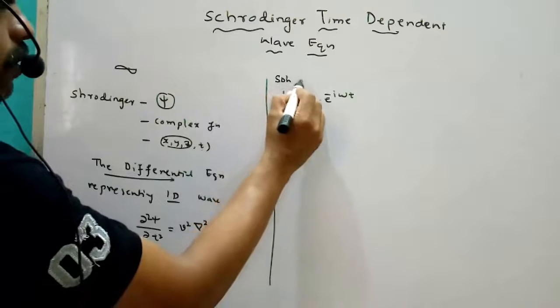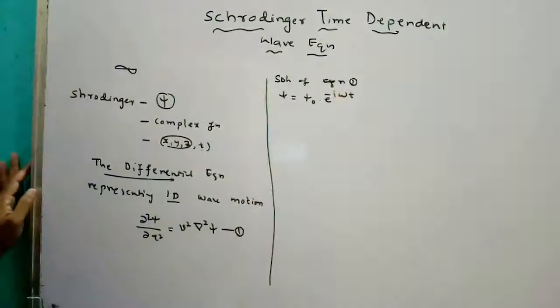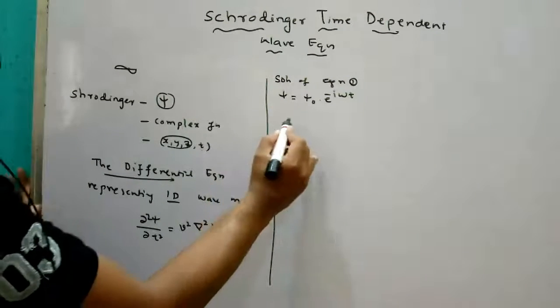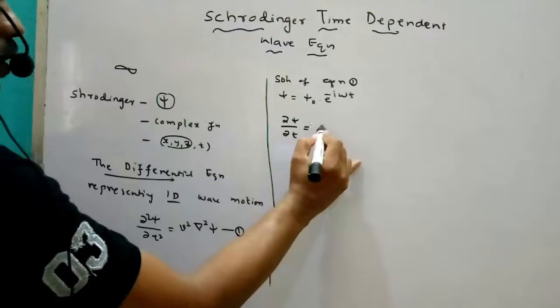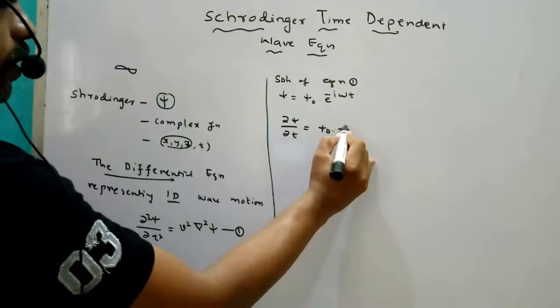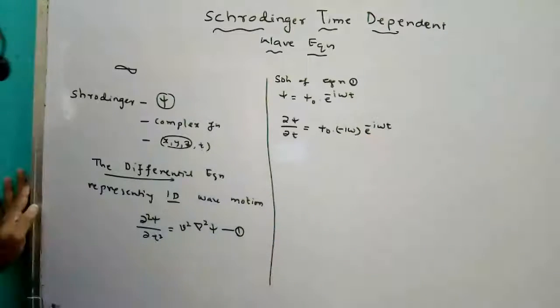So the solution of equation 1: dou psi by dou t equals psi naught times minus i omega e power minus i omega t.